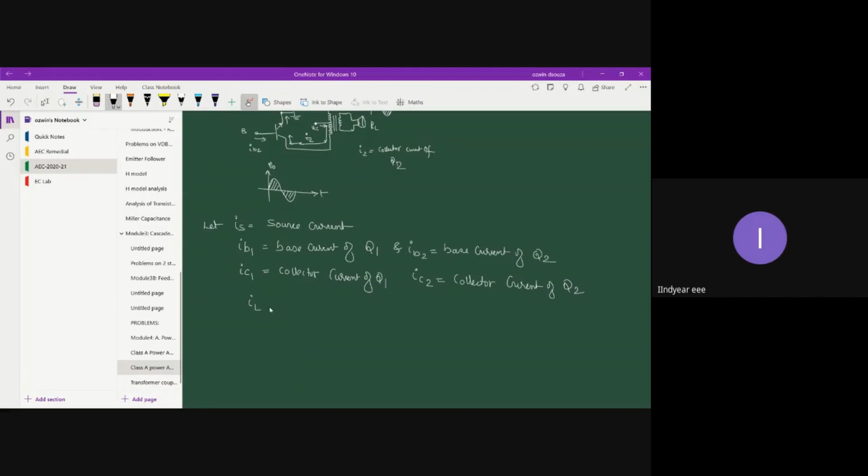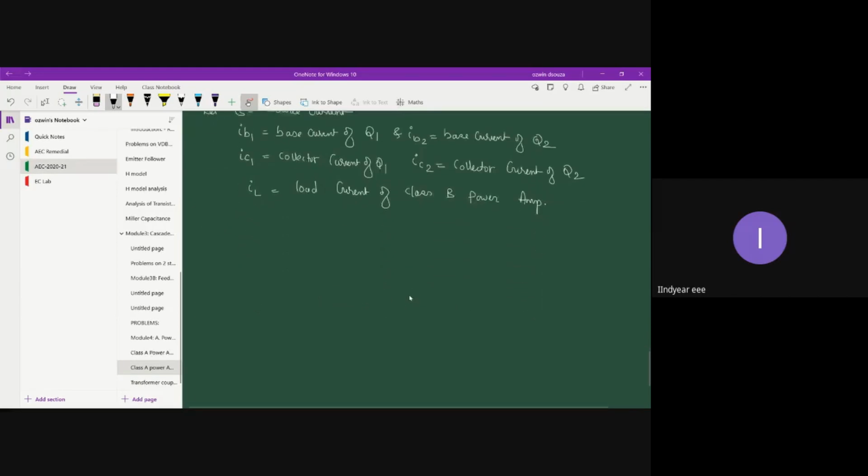Let's say IL is equal to the load current of class B power amplifier. So that is about the definition of different currents.